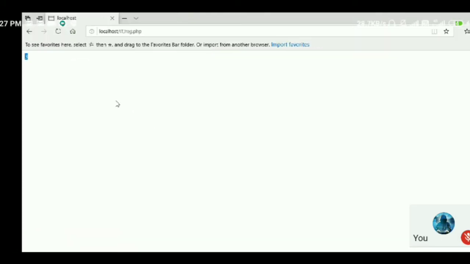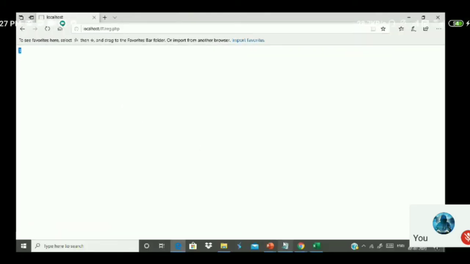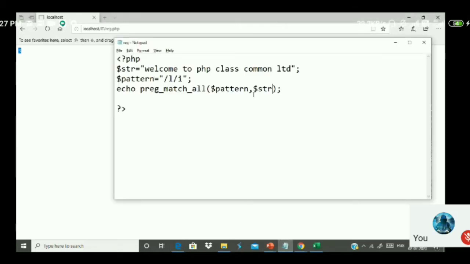Now you can understand from this function that preg_match makes only one match, whereas preg_match_all will match wherever the match is found.